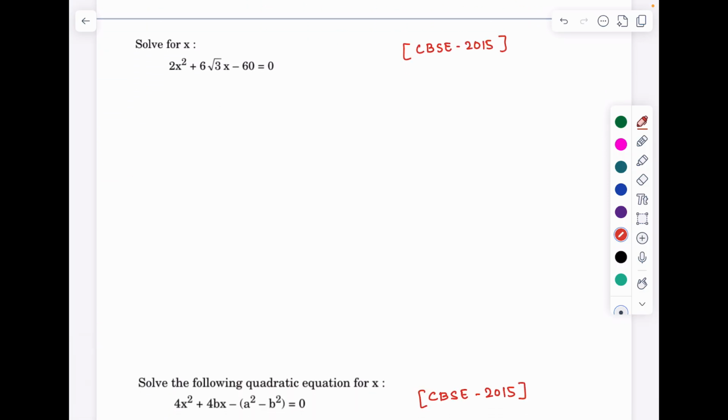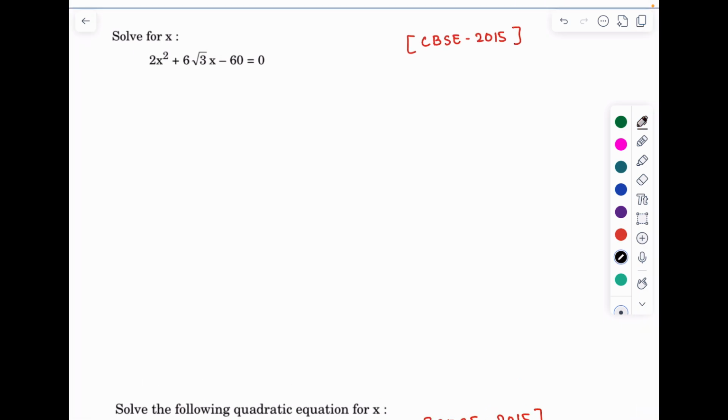And next is another question. It came in 2015. Okay. 2x square, to solve. This is by factorization method. We will solve it by factorization method. We will factorize it.